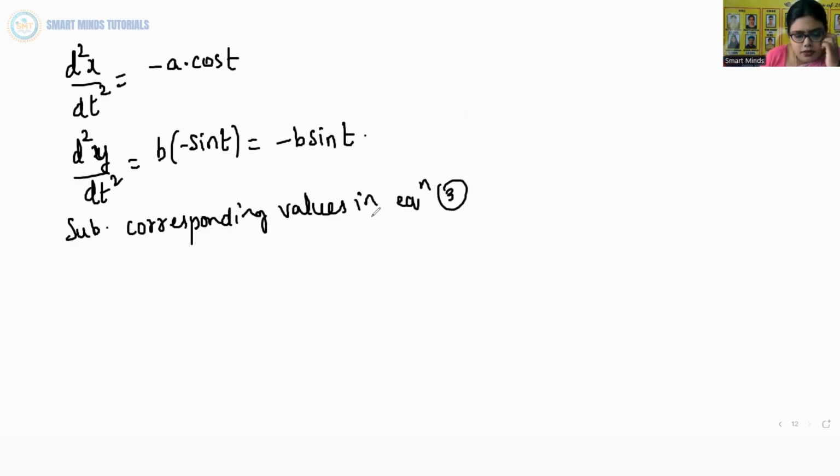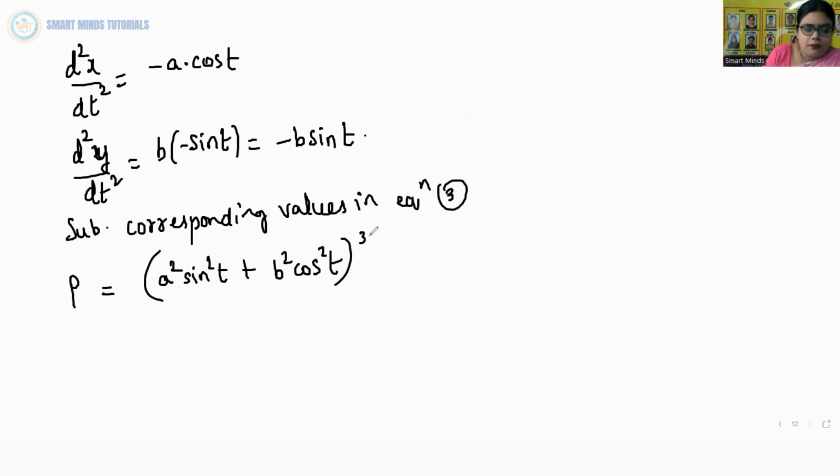So you get radius of curvature is equal to (a square sin square t plus b square cos square t) whole power 3 by 2 by, in the formula you have dx by dt, that is minus a sin t, into d square y by dt square, which is minus b sin t.